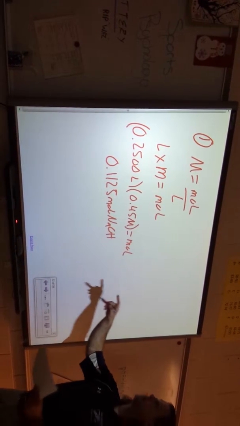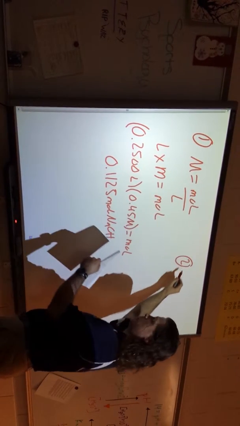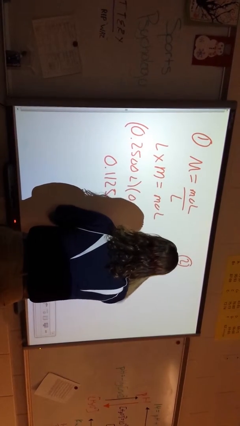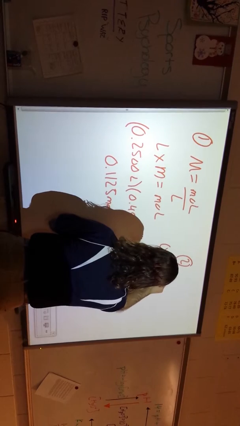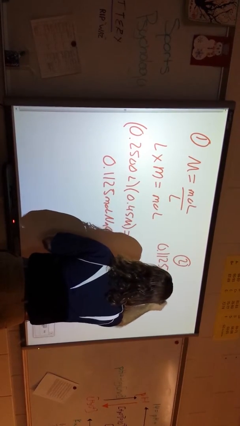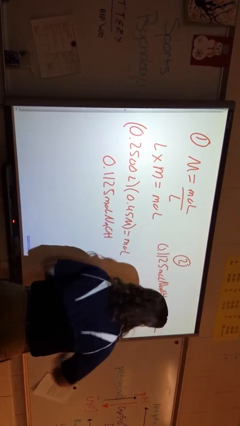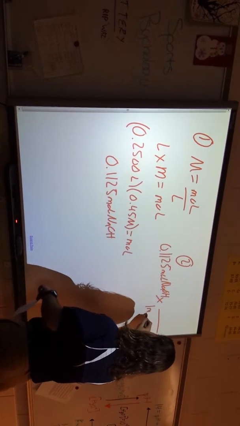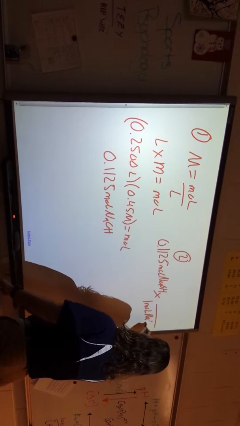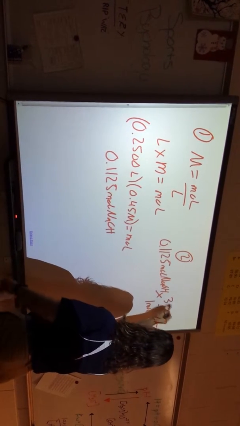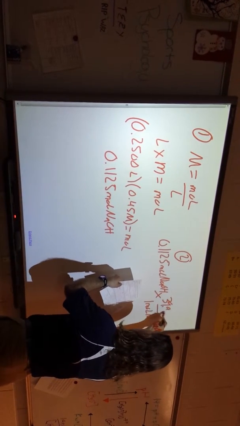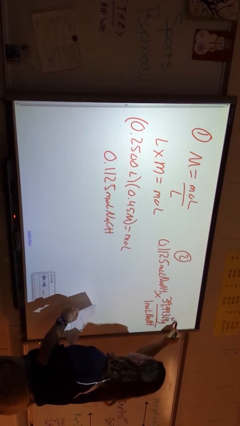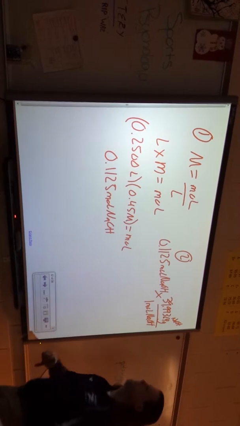The next thing that we have to do is go ahead and calculate mass. So I'm going to take the 0.1125 moles of sodium hydroxide and convert it to grams of sodium hydroxide, so mole to mass. I'm going to put the 1 mole of sodium hydroxide on the bottom, and I'm going to put the molar mass, which is 39.9364 grams of NaOH, on the top.